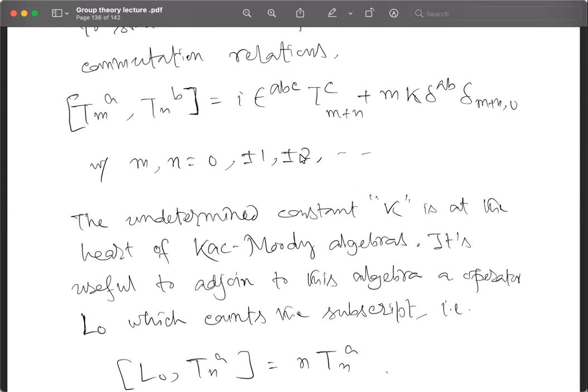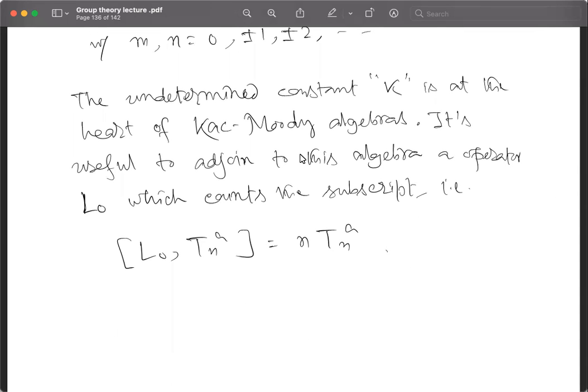The undetermined constant k is at the heart of this Kac-Moody algebra. So it's useful to adjoin to this algebra an operator L0 to understand it better, which counts the subscript, that is, L0 acting on T^a_n is basically n T^a_n. It's just like splitting out the n from this T^a_n.